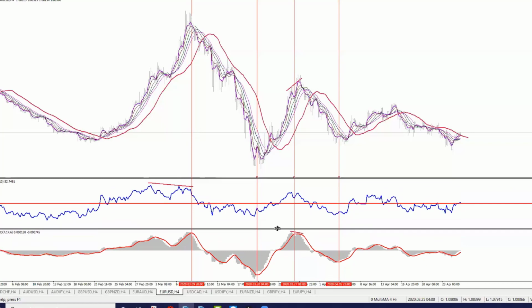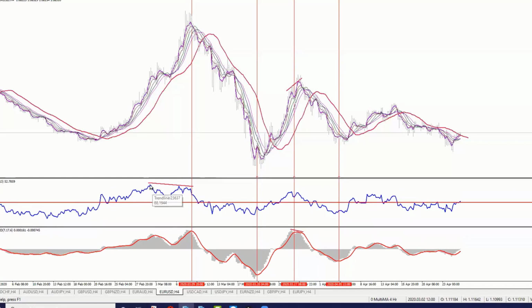You can see the RSI showed divergences a little bit better than the MACD. Look at that MACD; it didn't have a divergence there. Here we have a divergence. And my favorite way of telling the change of trend, or actually just a good entry into the market, is a trend line on the RSI, as you may know.